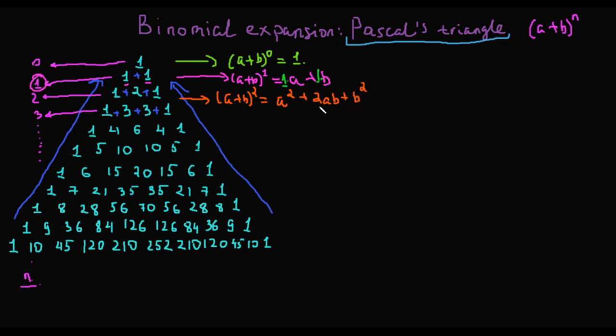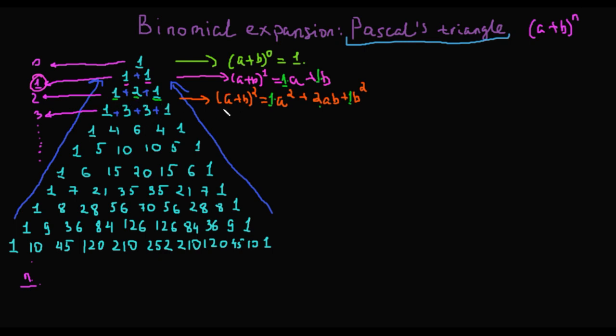For now, let's assume that we know this formula, and I'm trying to build an intuition of how these numbers would help us solve the binomial expansion. The coefficients of a squared plus 2ab plus b squared are 1, 2, and 1. So exactly, the coefficients are matching.